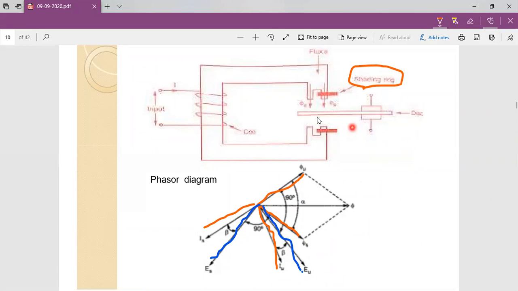So when net torque is available on this disk, that value is proportional to pi 1 pi 2; in place of pi 1 we can write pi u, and in place of pi 2 we can write pi s sine alpha, where alpha is the angle between pi u and pi s. So due to that force, the disk is going to rotate.